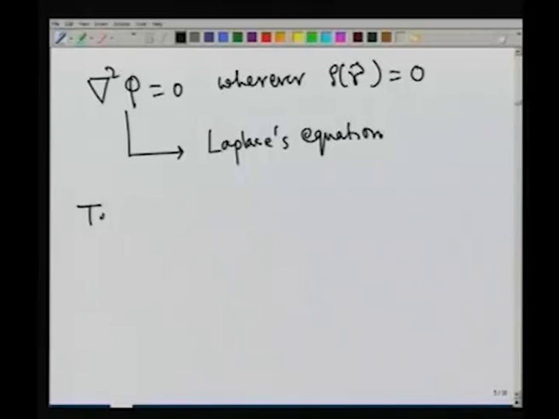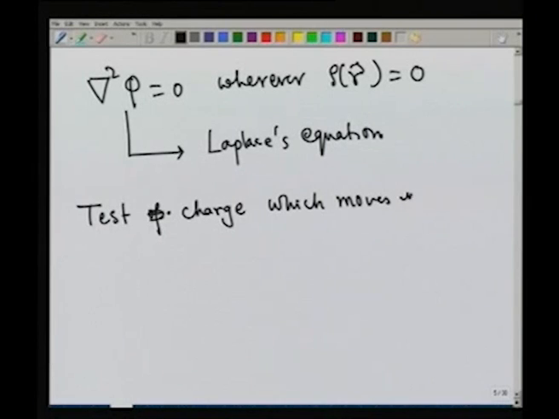What I shall do is to observe that if I am going to look at a test charge, this of course is the operative word, which moves in the potential field phi of r. So what I have is a certain rho of r which produces the potential field phi of r, or equivalently the electric field E, and the test charge is going to move in that particular field.